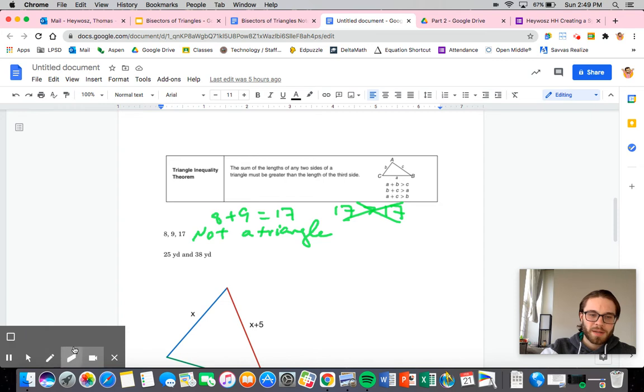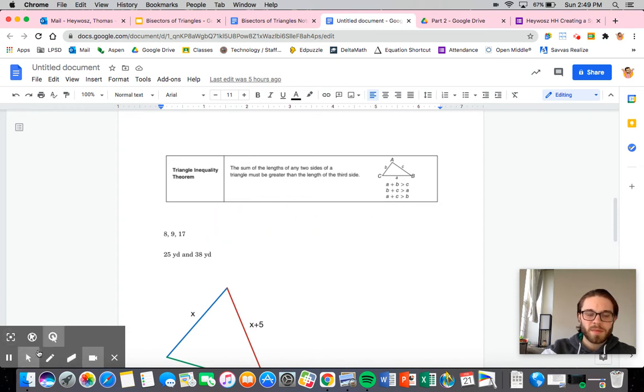All right, so let's look at something like this. If you got that two sides of the triangle were 25 and 38, you would need to be able to figure out what the other side is, right? So if I had X as my third side, I could figure that piece of information out.